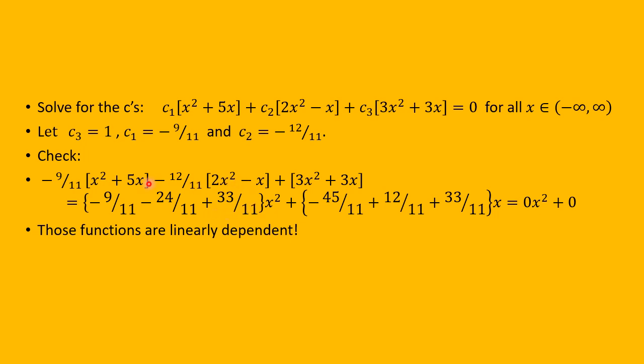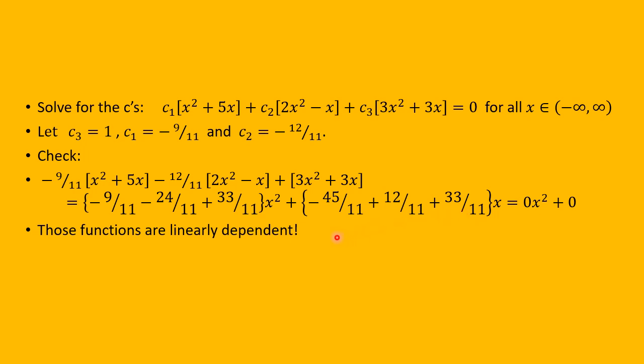Then if we look at the x term, we have minus 9/11 times 5x, and then minus 12/11 times minus x, and then plus 3x here. And that gives us the x term down here with the coefficient minus 45/11 plus 12/11 plus 33/11.